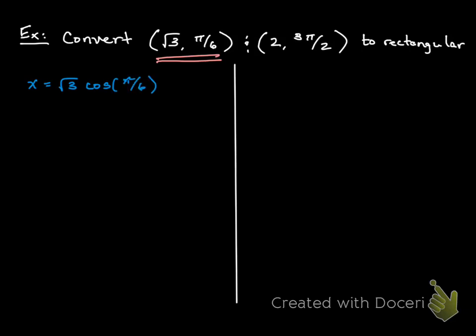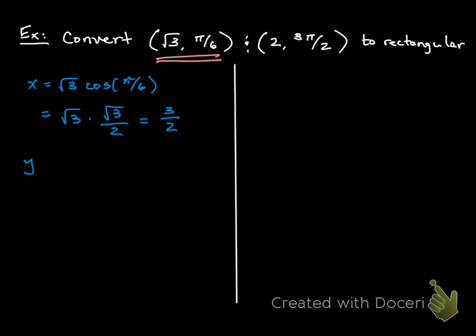R is radical 3. Theta is pi over 6. I just have to remember some of my nicer trig values. Cosine of pi over 6 happens to be radical 3 over 2. So this does indeed simplify down to 3 halves. So the x-coordinate is 3 halves.